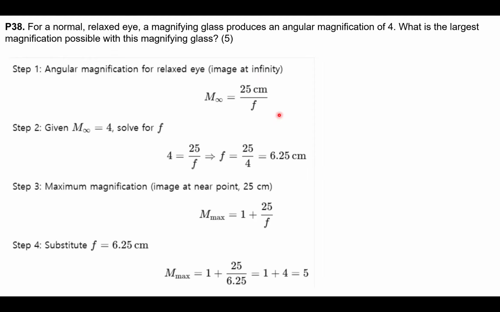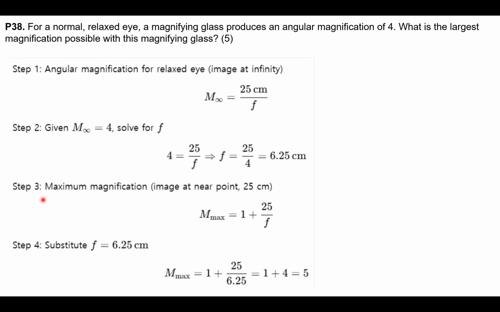This comes from the eye. And here, the angular magnification is given as 4 in this problem. We need to find out what f is, and f is given by this one.